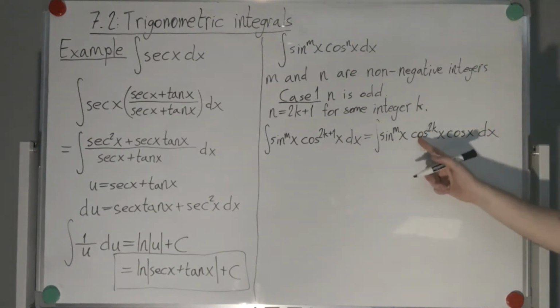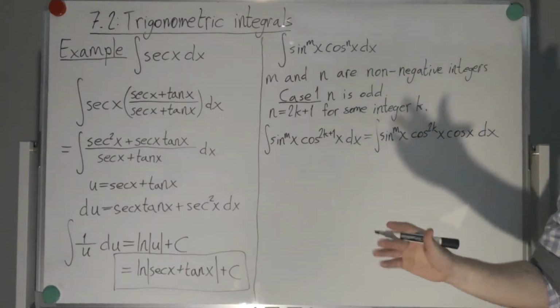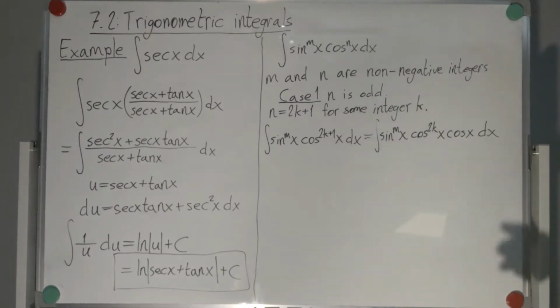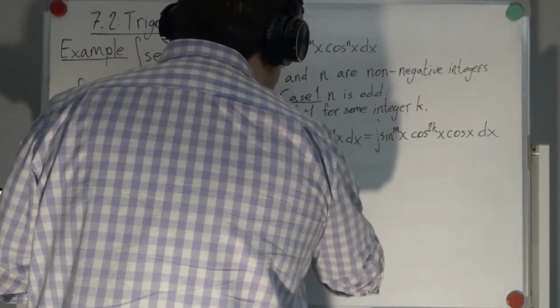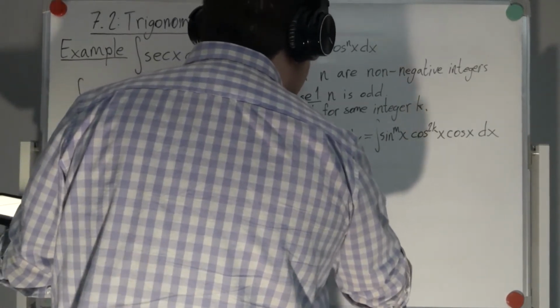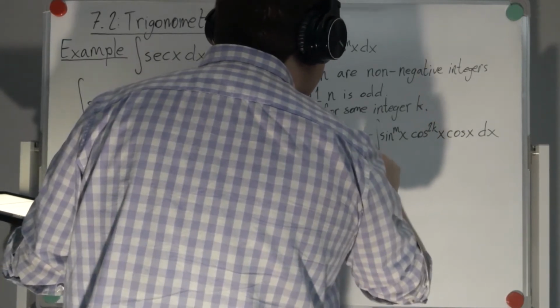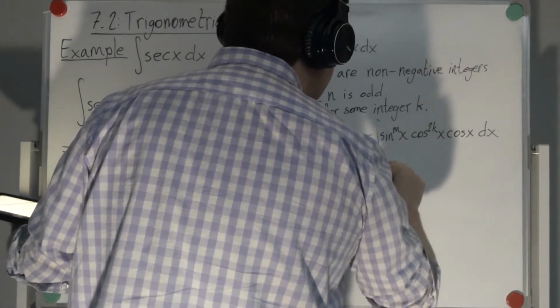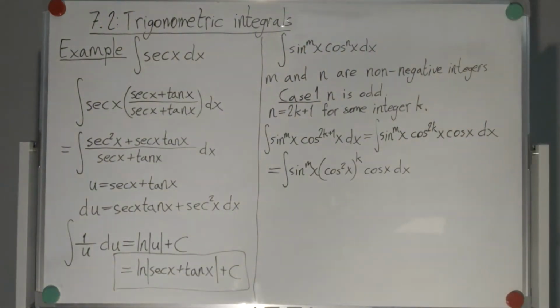Now then, cosine to the 2k, well, if we have multiplication in the exponents, that's the same as taking the exponents sequentially. So then this is the same as the integral of sine to the m of x times cosine squared x raised to the k times cosine x dx. Right?